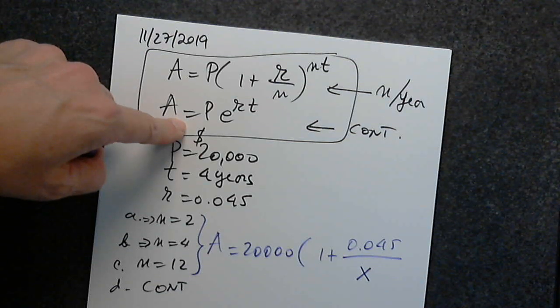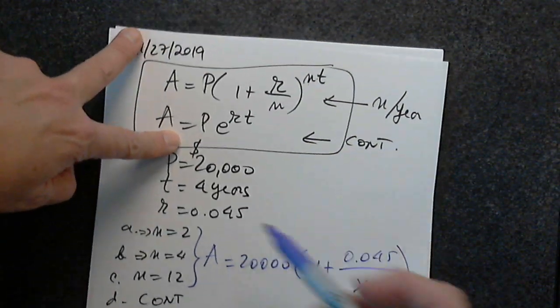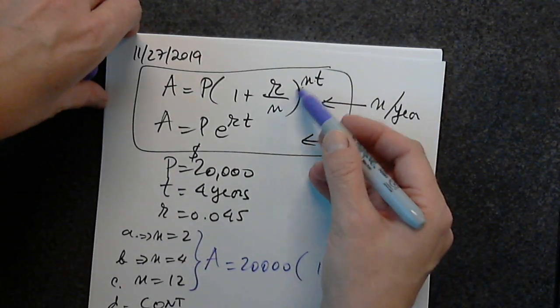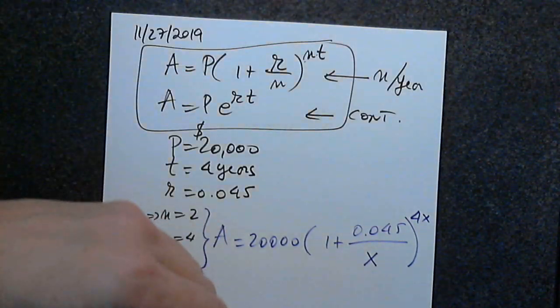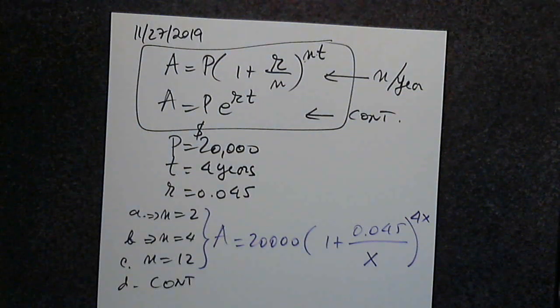I'm going to consider n as x. I have t, which is 4, so I'm going to put 4x. Why do I use x? Only to remind you that the calculator doesn't have n. So in y equals, you can repeat the calculation 3 times. You don't have to do this, but I want to show you a different way.